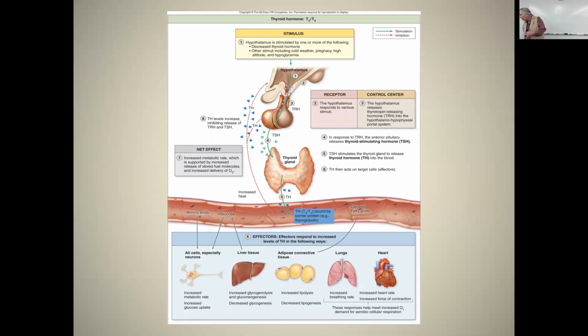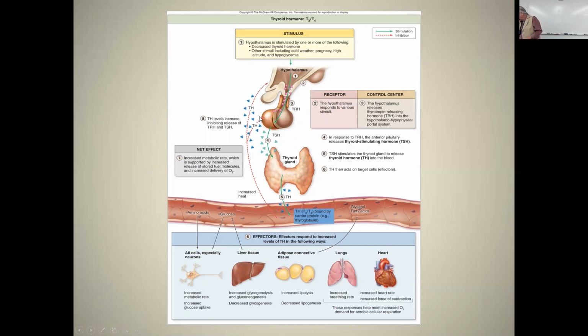Helps meet increased oxygen demand from higher aerobic cellular metabolism. Also, that's the thing with the high altitude. You're not getting enough oxygen, you need to speed up your metabolism and get increased oxygen consumption. Well, increased oxygen demand for increased ATP, for making more ATP. Okay, and then increased metabolic rate supported by increased release of stored fuel molecules and increased delivery of oxygen.